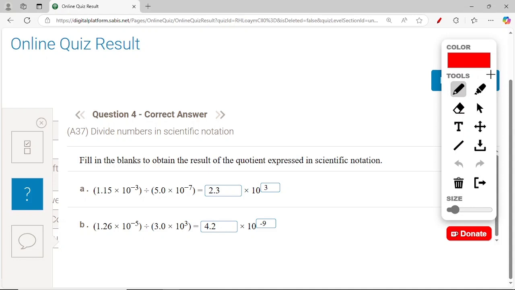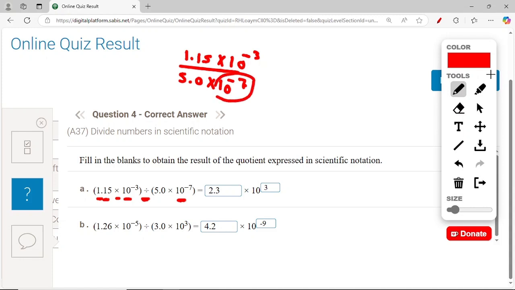Now fill the blanks to obtain the result. We have 1.15 multiplied by 10 to the power of minus 3, divided by 5 multiplied by 10 to the power of minus 7. Okay, so let's make the division. The numerator here is 1.15 multiplied by 10 to the power of minus 3, and the denominator is 5 multiplied by 10 to the power of minus 7.